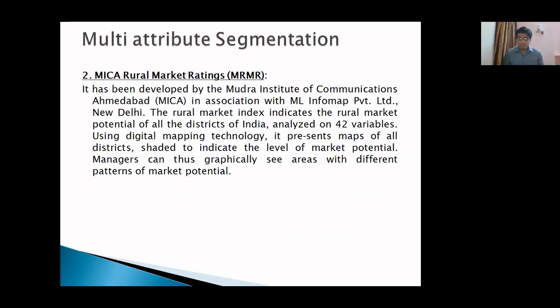Another is the MICA Rural Market Rating, MRMR. It was developed by the Mudra Institute of Communication, Ahmedabad, MICA, in association with ML Infomap Private Limited, New Delhi. The Rural Market Index indicates the rural market potential of all districts in India and analyzed 42 variables.